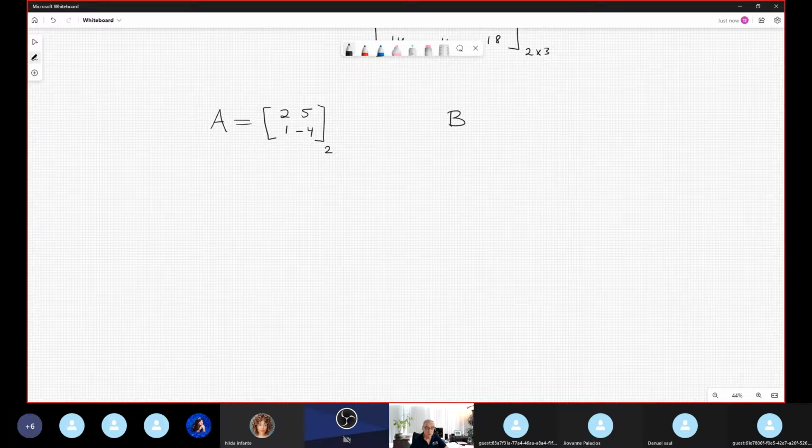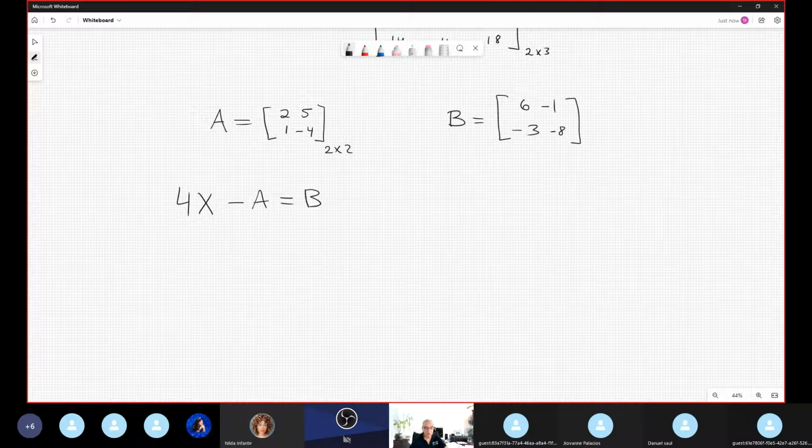It's easy, a 2 by 2 matrix, 4 elements, 2 times 2 is 4. And B is also 2 by 2: 6, negative 1, negative 3, and negative 8. Now I want to work with this equation: 4X minus A equals B. The question is to solve this equation.